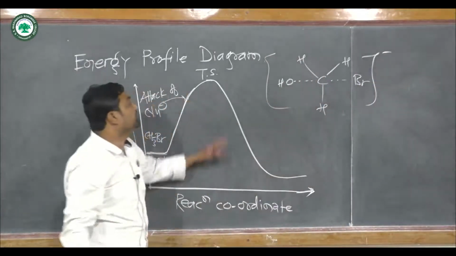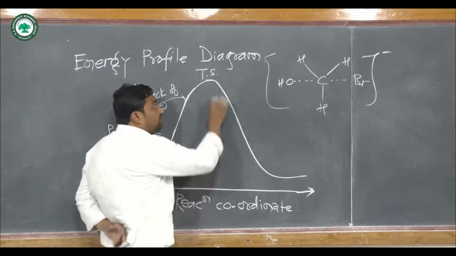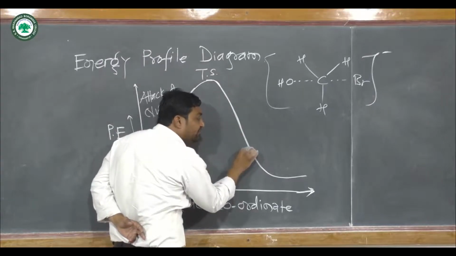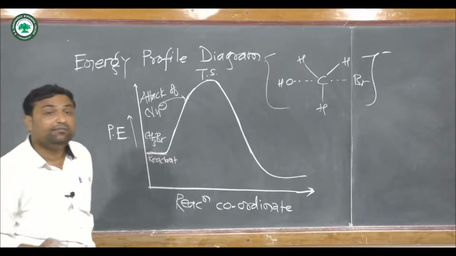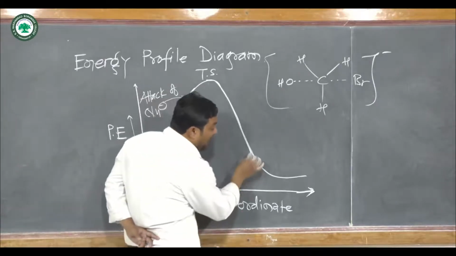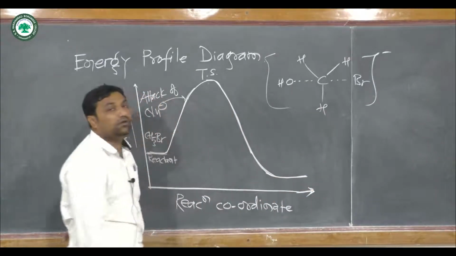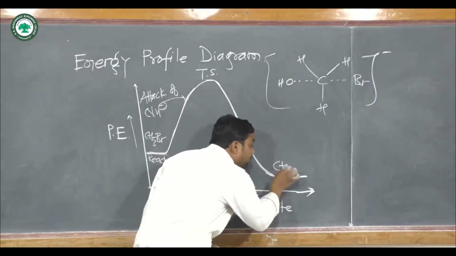Now, when the transition state is achieved, the energy of the system begins to decrease, and the product is formed as methyl alcohol.